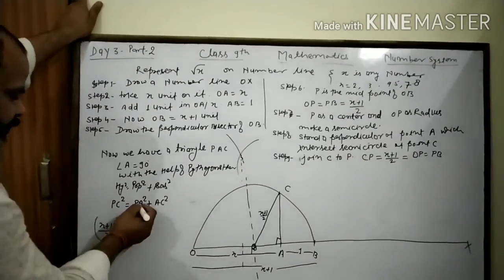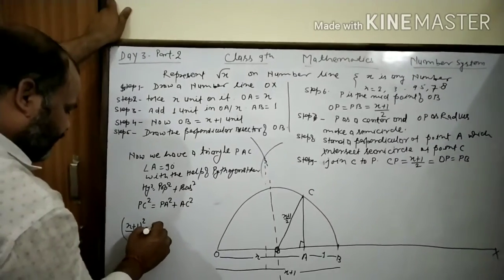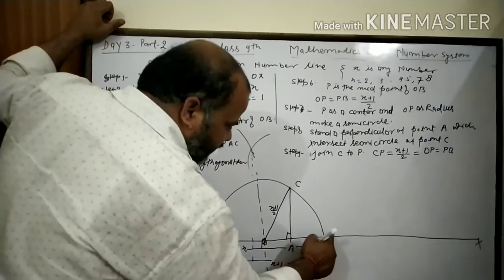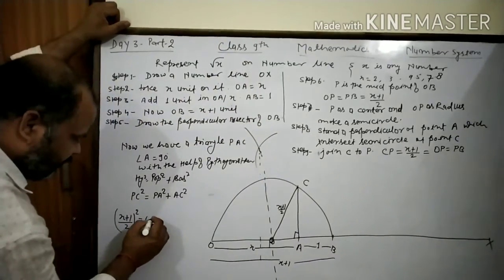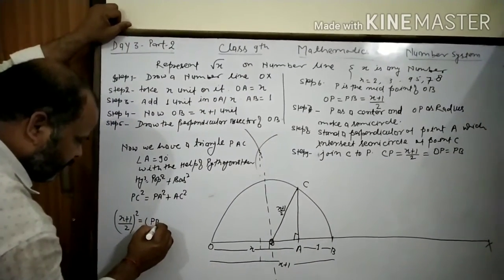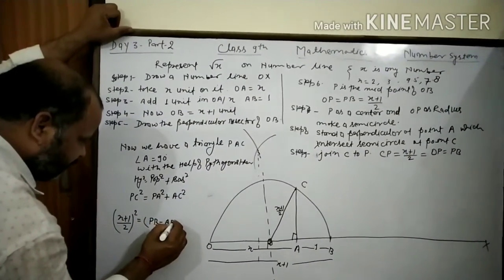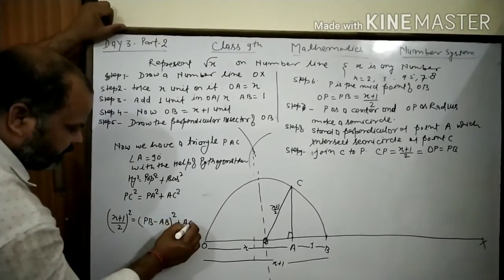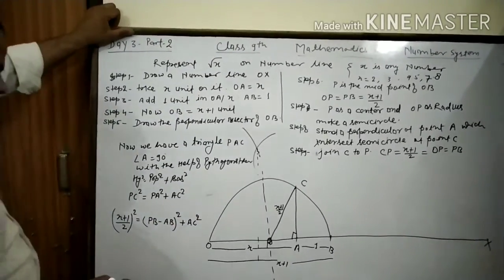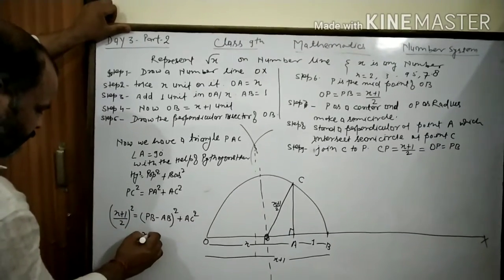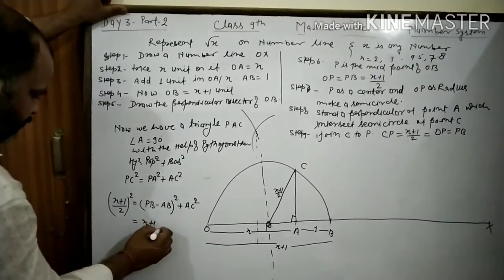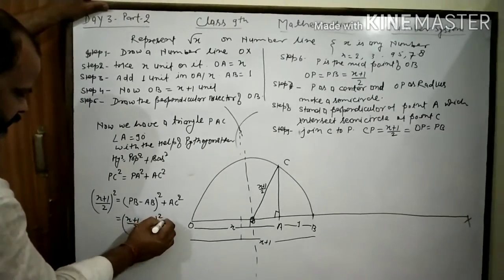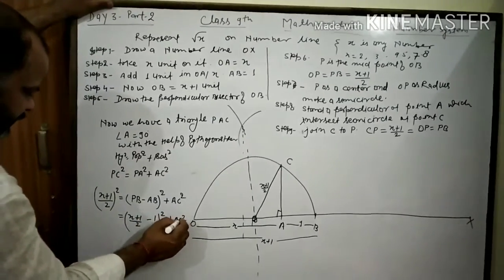And if you want to find PA, then PA is written. See, it is the PA. Then PB minus AB, we have PA. PB minus AB is equal to PA, plus AC square. Now PB is equal to x plus 1 by 2, minus 1, plus AC square.